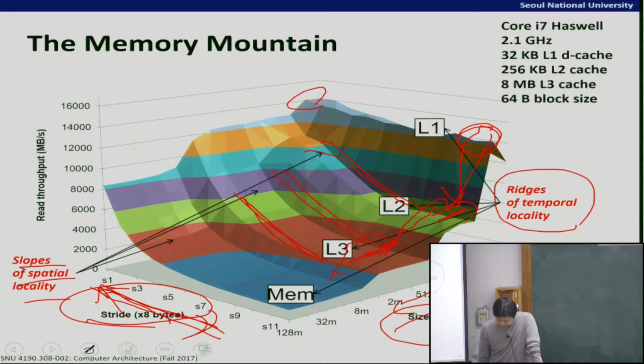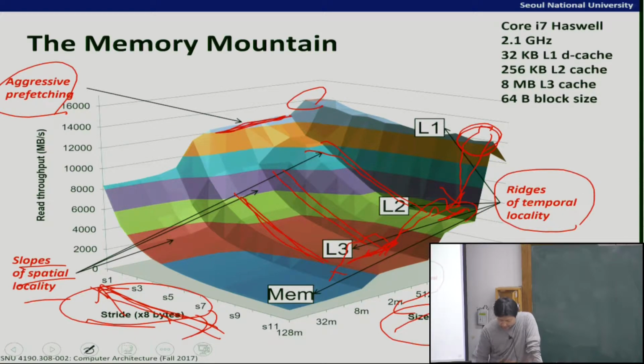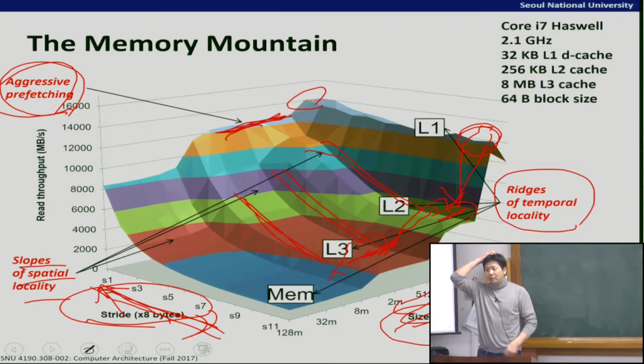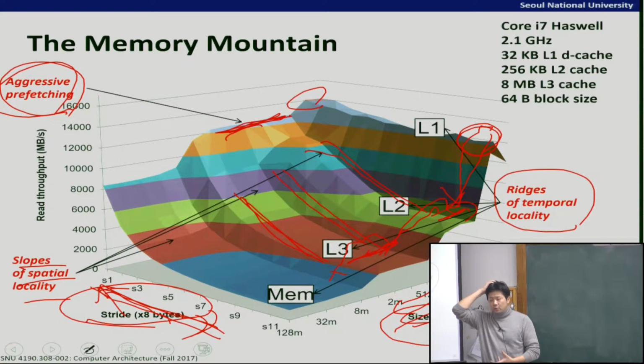And finally, I don't really talk much about prefetching, but if you see here, there's a relatively constant performance region, even though you increase the size of the array. What happens here is that the processor does aggressive prefetching. I'm not going to go over prefetching in this course, but it is a technique where you fetch the block even before it's actually requested.